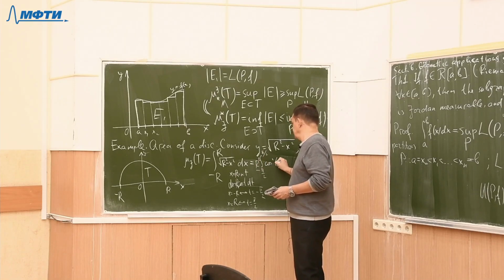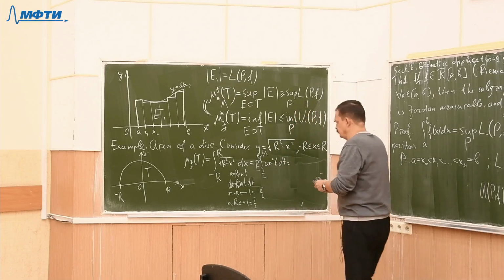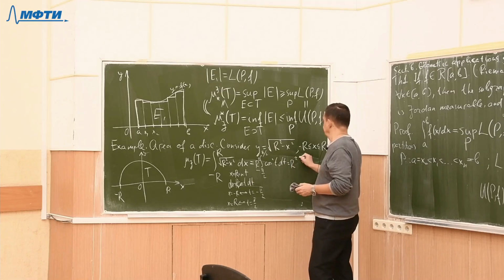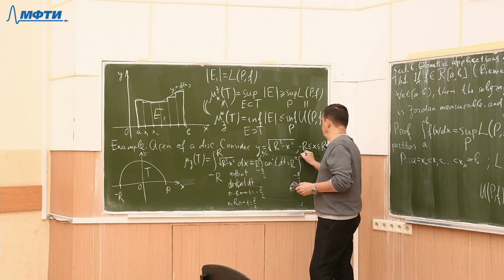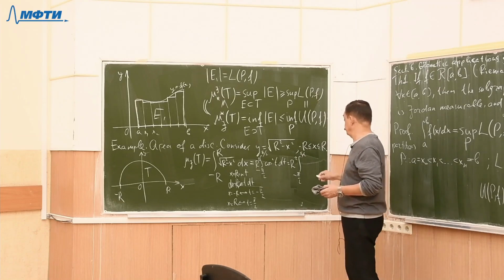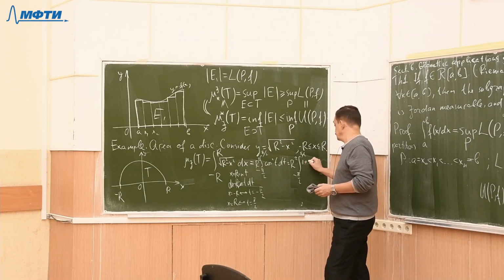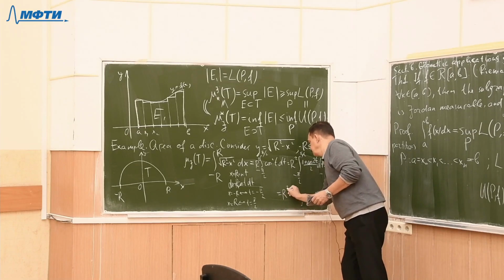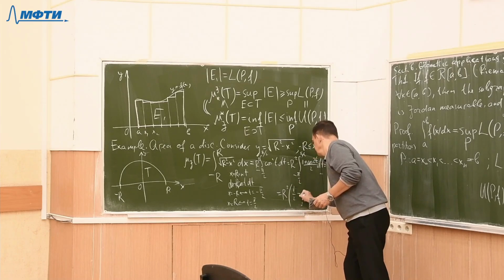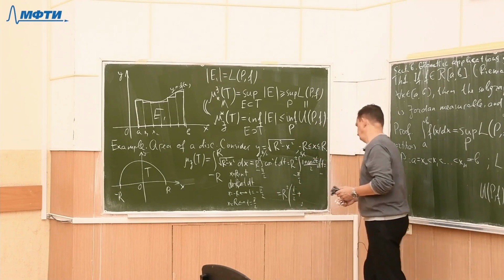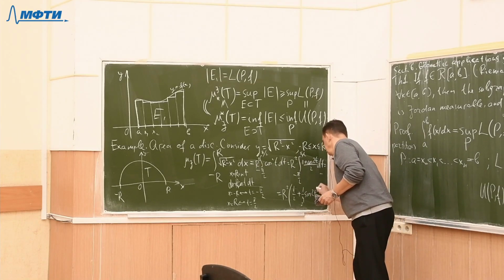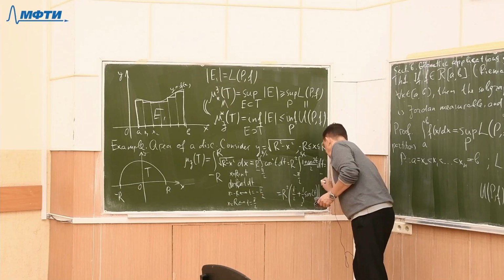So we have the integral from minus pi over 2 up to pi over 2 of r squared cosine squared t dt. Cosine squared is one half of (1 plus cosine 2t), so r squared over 2 times the integral from minus pi over 2 to pi over 2 of (1 plus cosine 2t) dt. That gives r squared times (t over 2 plus 1/4 sine 2t), substituted from minus pi over 2 to pi over 2.